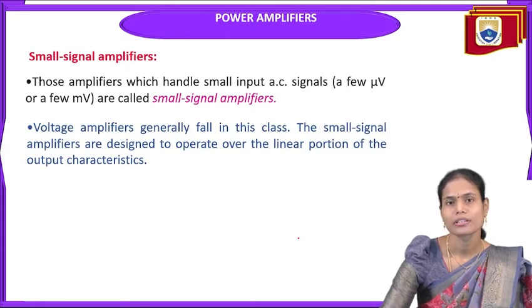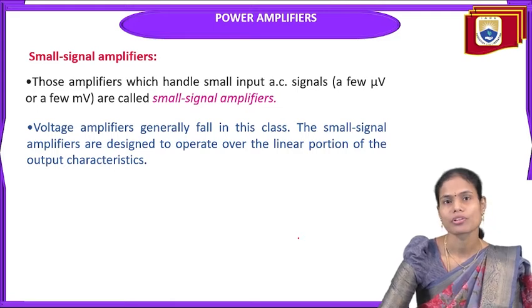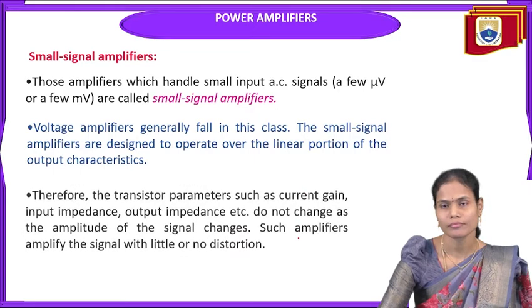The voltage amplifiers as well as current amplifiers come into this small signal amplifier category, and these operate over the linear portion of the output characteristics, so we can say these are linear amplifiers.